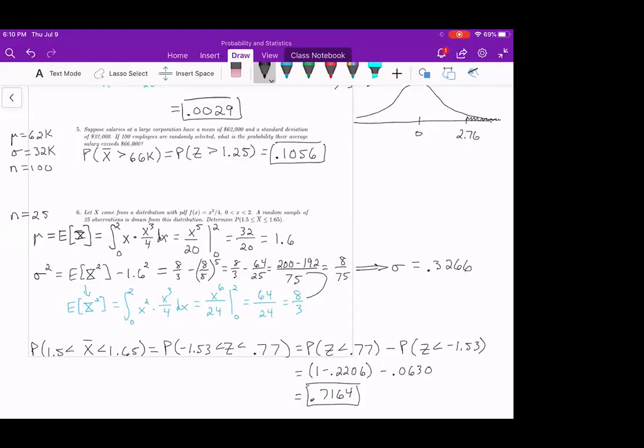And that's it. We've gone through all the problems. We have finished our continuous section of this course. So we've done distributions for discrete data, for continuous data. And as I told you last week, we're about to move on to bivariate data, which we will start this lesson.